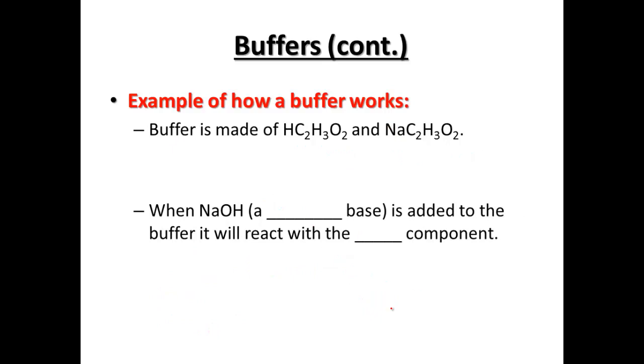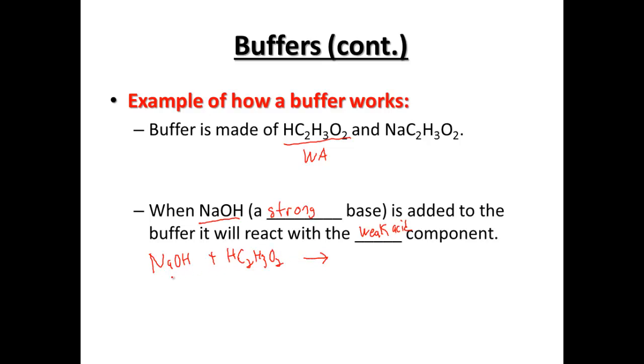The other example we have is if we were to use a strong base. In this case, the strong base is going to react with that weak acid. So as NaOH is added, it's going to react with the weak acid, HC2H3O2.